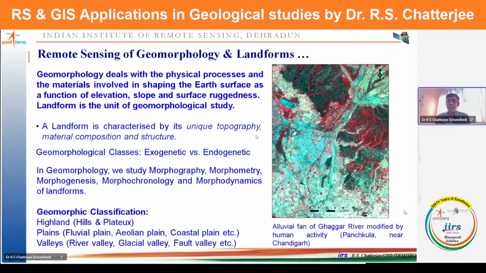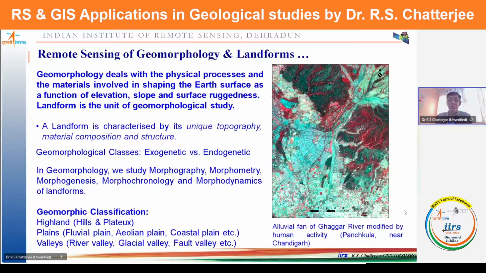So for a particular area, the topography is very unique, and the material composition, I mean the material grain size, and structure are also within a particular range. It's not varied. Sometimes it can be varied also. Sometimes particle size will be within a very narrow range.